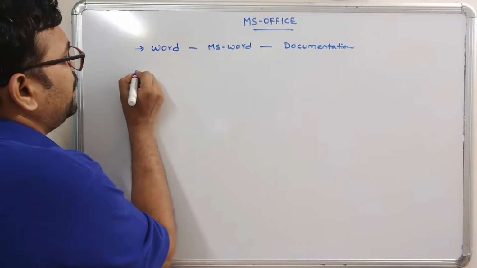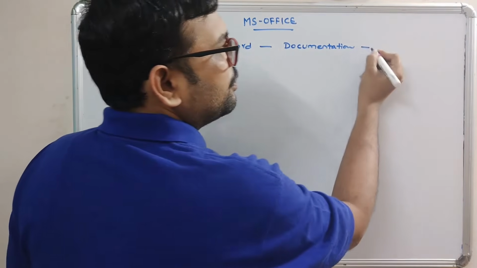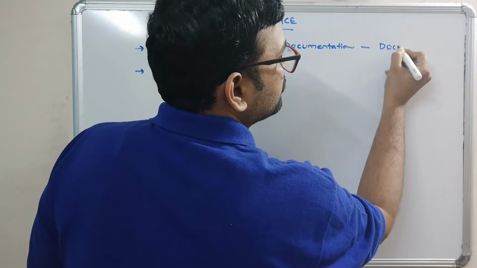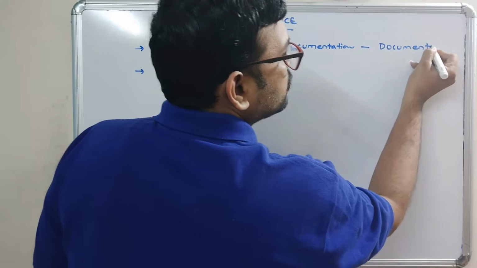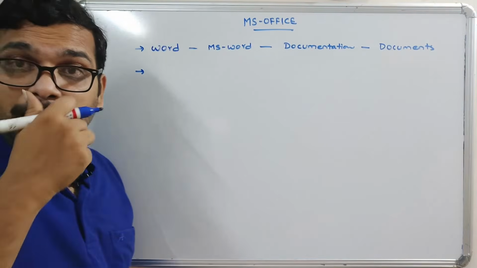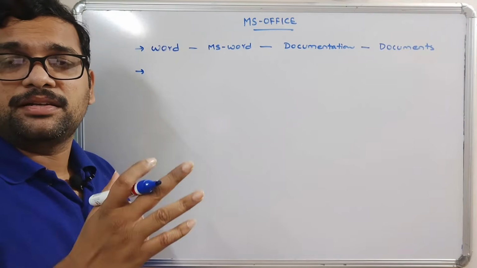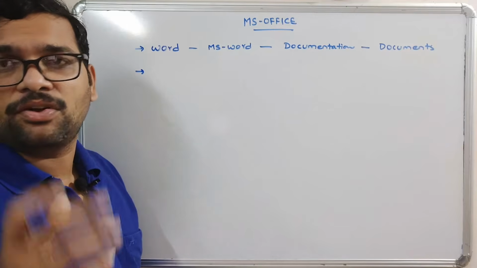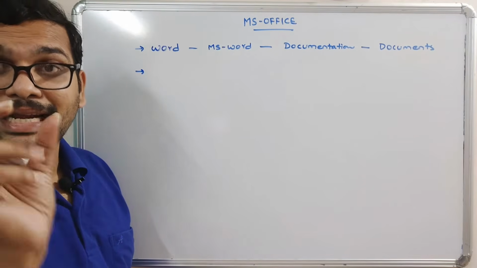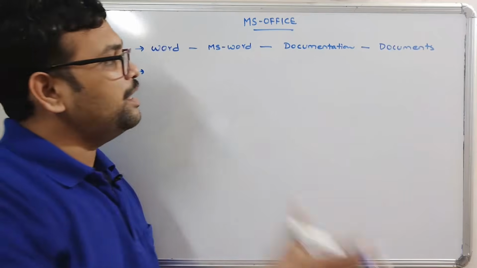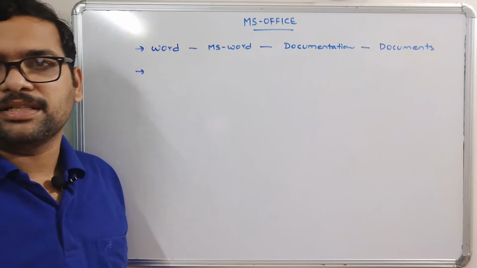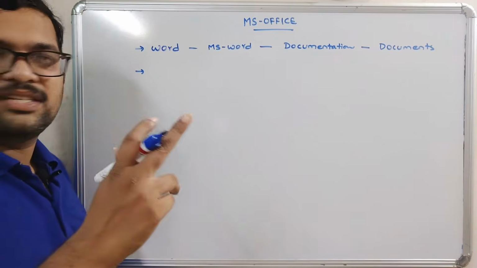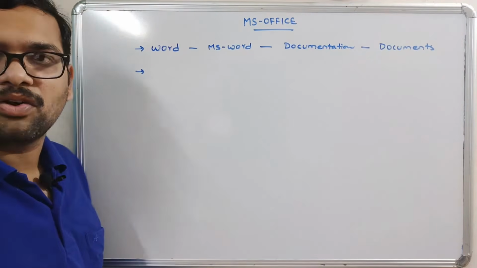All the files saved in MS Word we call documents. Now what is meant by a file? The data which is stored is called a file. So we can say a file is a collection of data. That data can be anything. Here the data will be text based, most probably. The Word files are called documents.